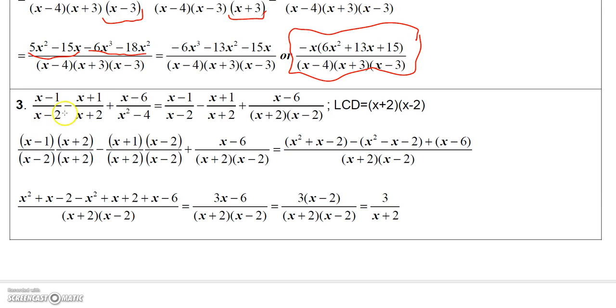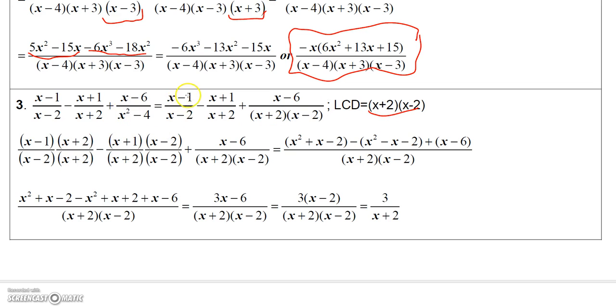Okay, so the next one here, I have x minus 2 for a denominator, x plus 2 for a denominator, x squared minus 4 for a denominator, but x squared minus 4 factors into x plus 2 times x minus 2. Well, since this factor is the product of these two denominators, then I can just use x plus 2 times x minus 2 as my common denominator.